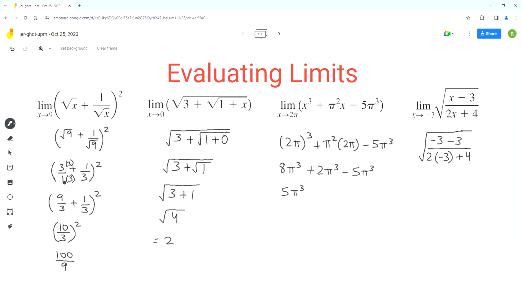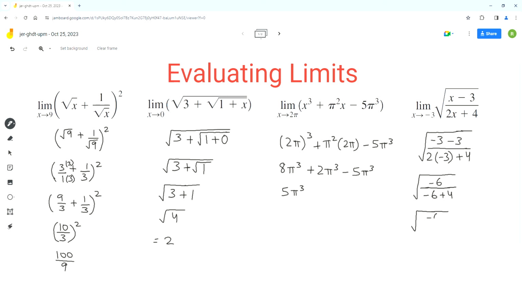Now we can combine the terms. In the numerator we do negative 3 minus 3, which is equal to negative 6, over, and in the denominator we first do 2 times negative 3, which is equal to negative 6, and then plus 4. Now we can combine the terms in the denominator.